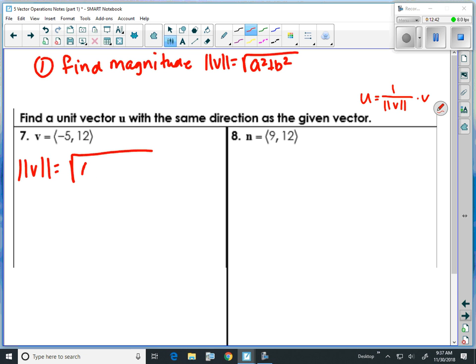So in this case, we'd have negative 5 squared plus 12 squared. Now, important, because when we've been finding the magnitude, we've just been writing the decimal. We don't want the decimal. If it's not a nice number, we want to leave it as a square root. Okay? Let's just walk through this in the calculator together. So I want to show you what I mean.